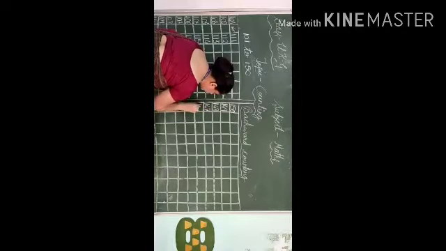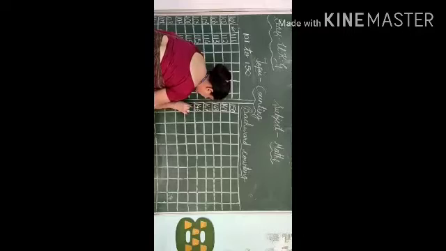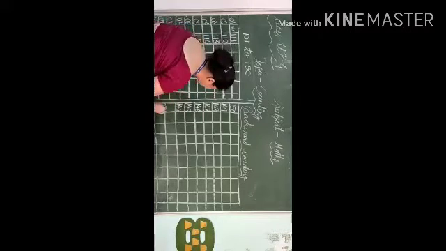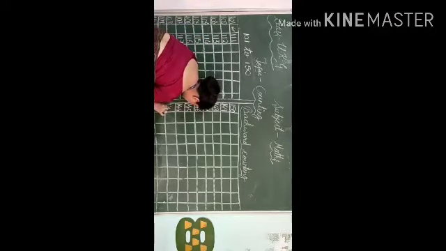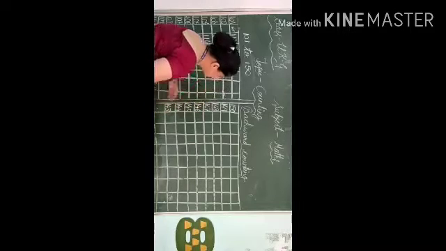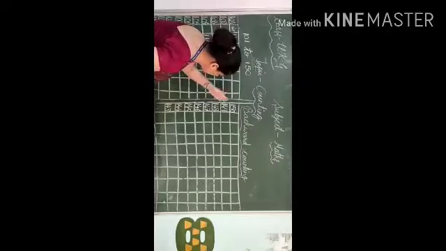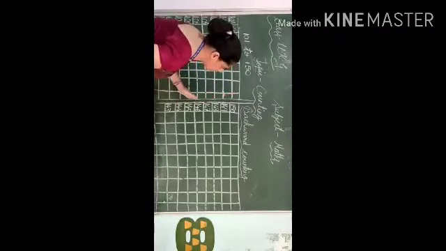Then 146, then 145. Next is 144, and next 143. So students, like this you have to write the numbers and don't leave the boxes.